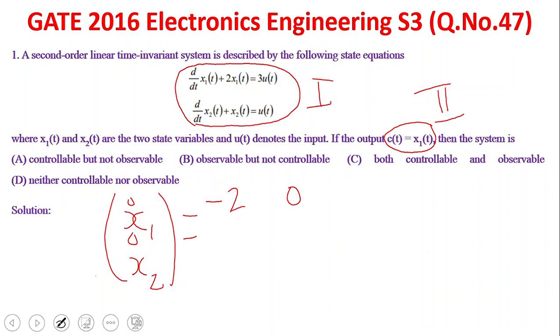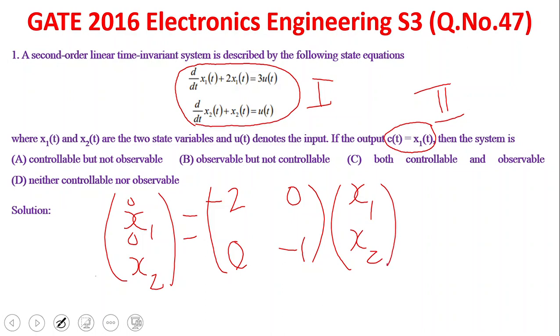In dx2 by dt plus x2, if x2 is brought to the other side, you will get minus 1. There is no x1 term. Into x1, x2, plus 3, 1, u.